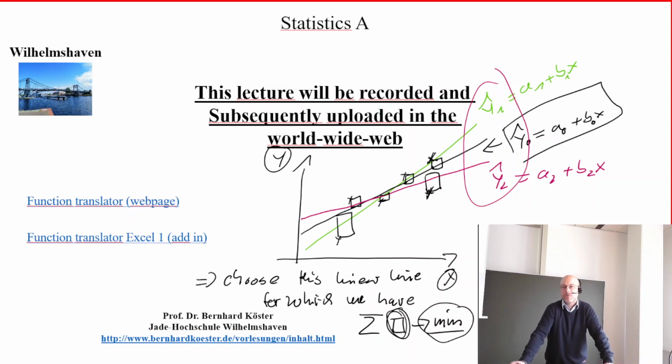And since we know due to the central limit theorem that all distributions will be approximated by the normal distribution if we go up in the sample size, it should of course also be a good idea to use the concept of distance which we find in the normal distribution.